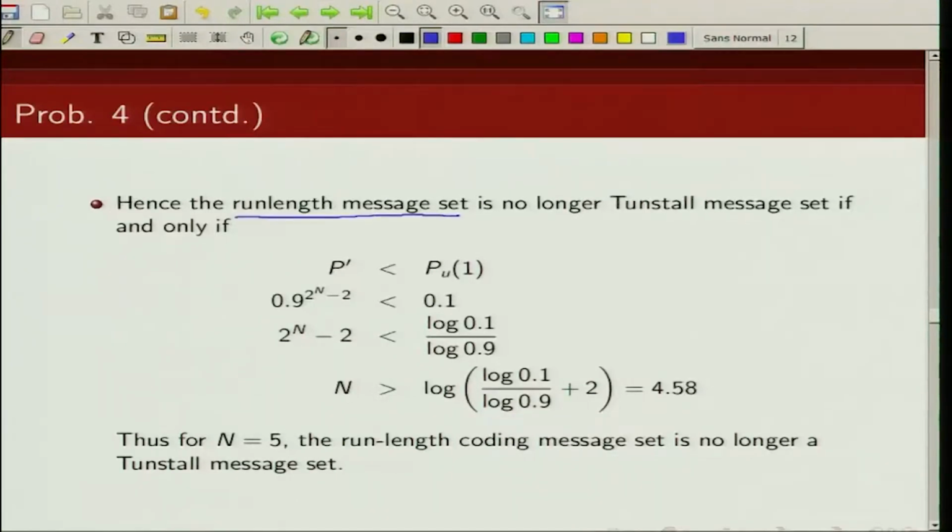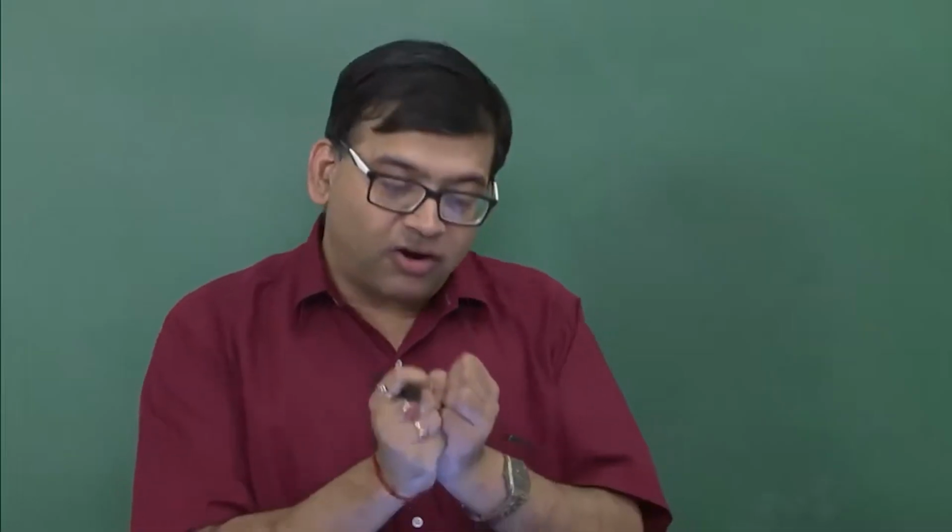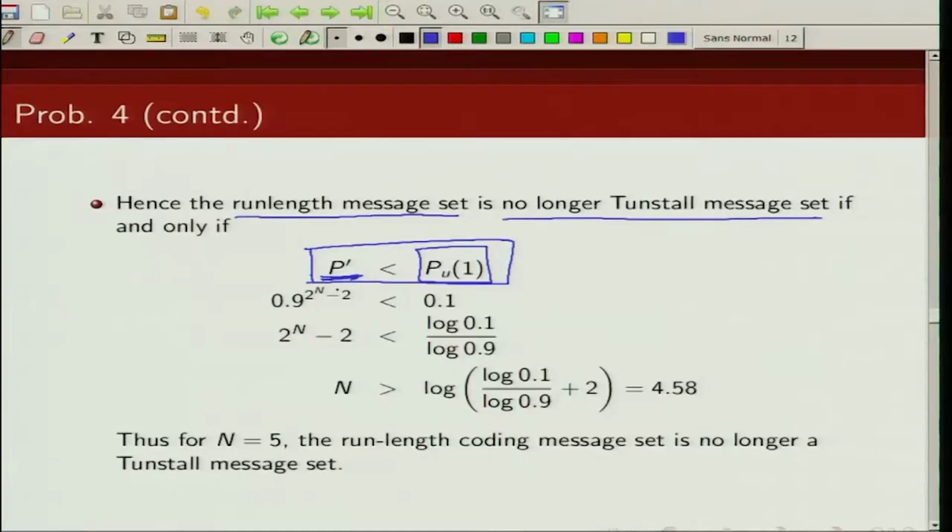So the run-length message set is no longer going to be a Tunstall message set if this intermediate probability becomes less than the probability of u equal to 1, because then according to Tunstall's lemma we should have extended the node or leaf corresponding to u equal to 1.